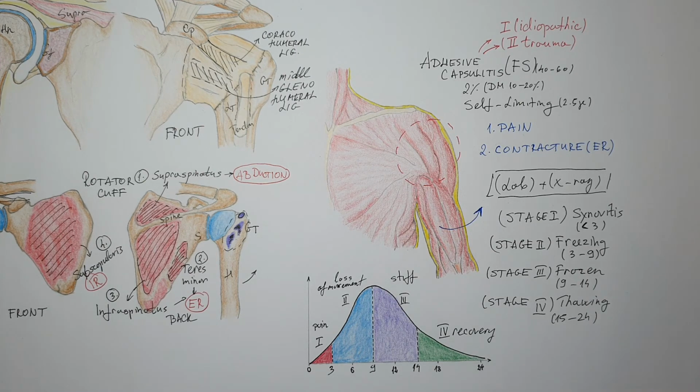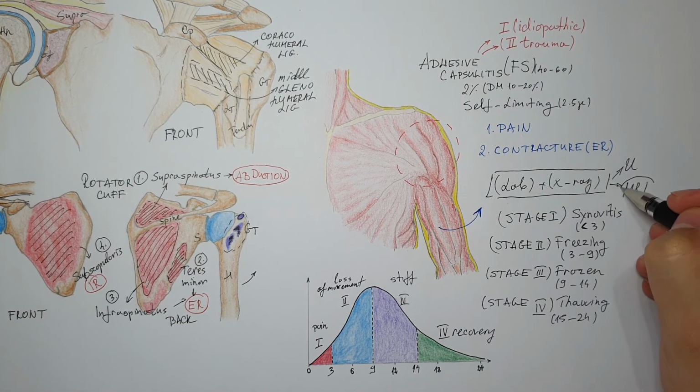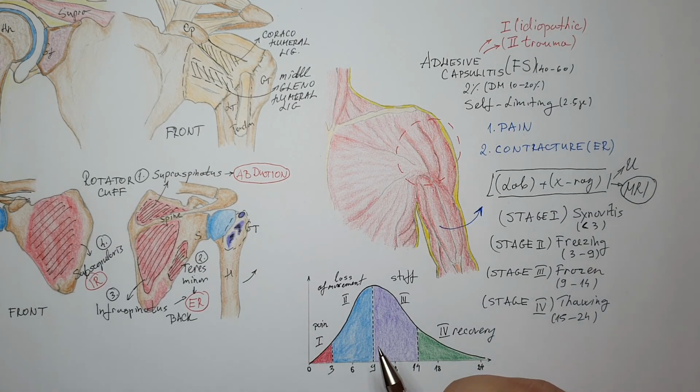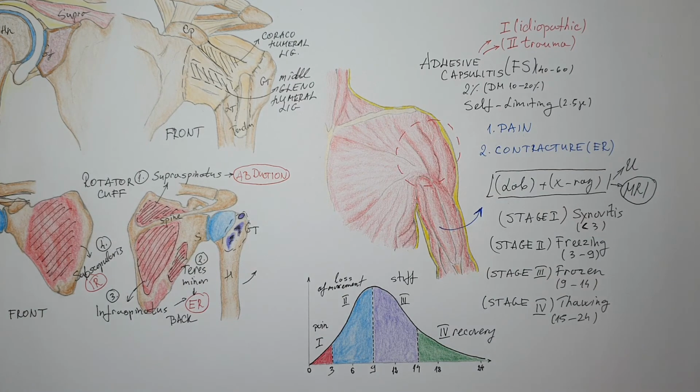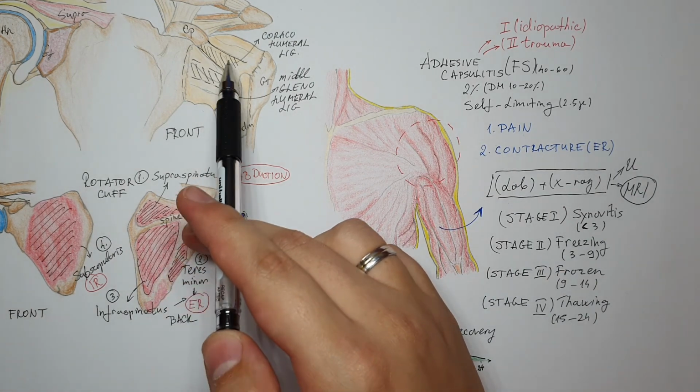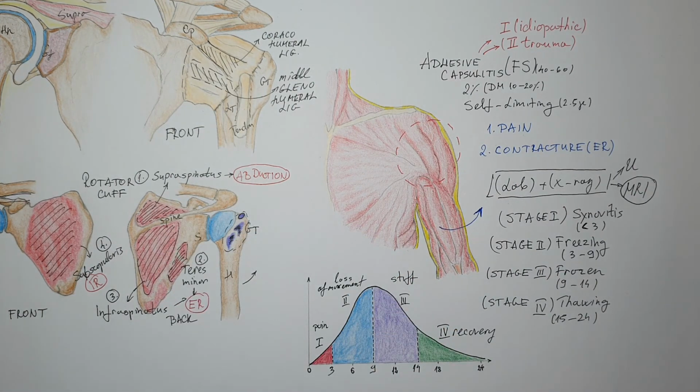If we are not sure, we can also do ultrasound, and rarely, if it is needed, MRI. So on ultrasound and especially on MRI, if we find anterior capsule thickening and the thickening of these ligaments, then this supports the diagnosis of frozen shoulder.